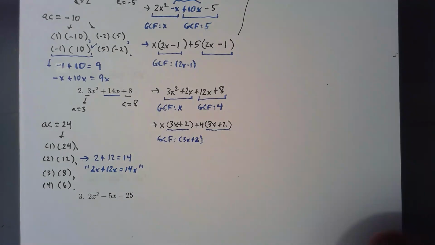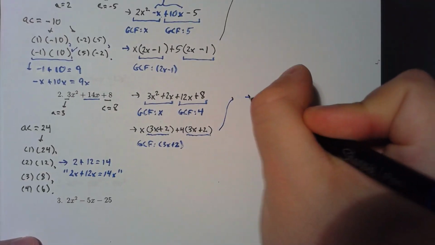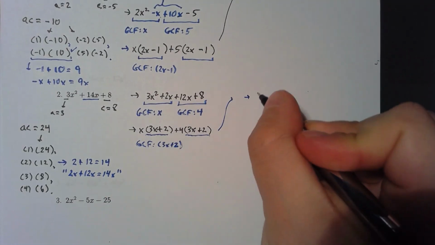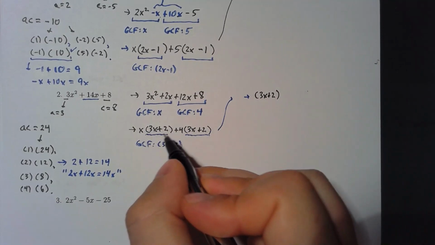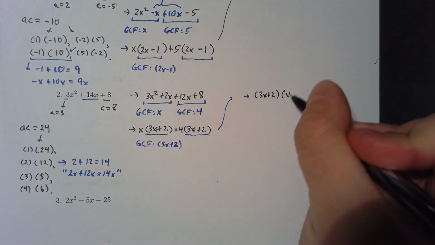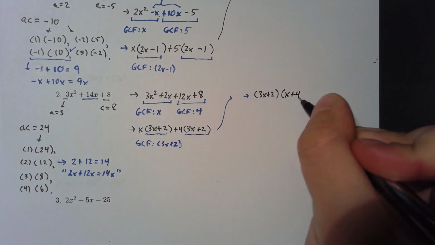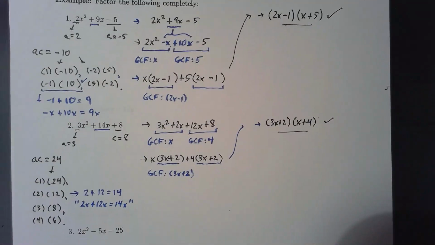So now when I factor 3x plus 2 out of the first group, what's missing? The x. And when I factor the 3x plus 2 out of the second group, what's missing? The 4. Ta-da!